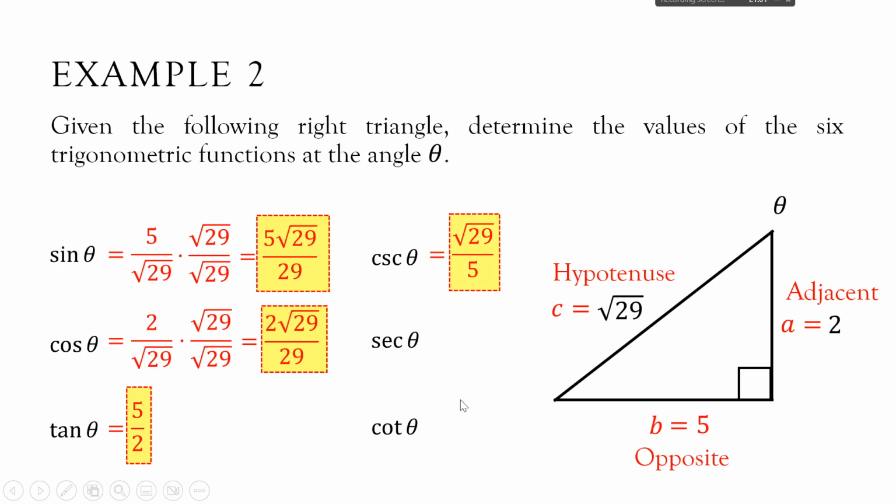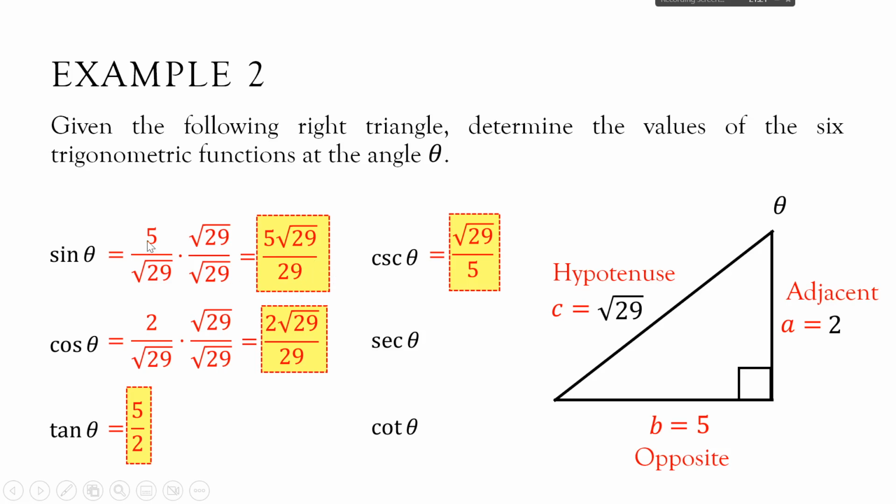Before I move on to the last two, there's one thing I want you to notice. Some of y'all might be thinking, well, last time we just flipped sine and we got cosecant. And yes, we could still do that. If I look at sine and I flip this, then I would end up with a square root on the bottom, and then I would have to rationalize again.